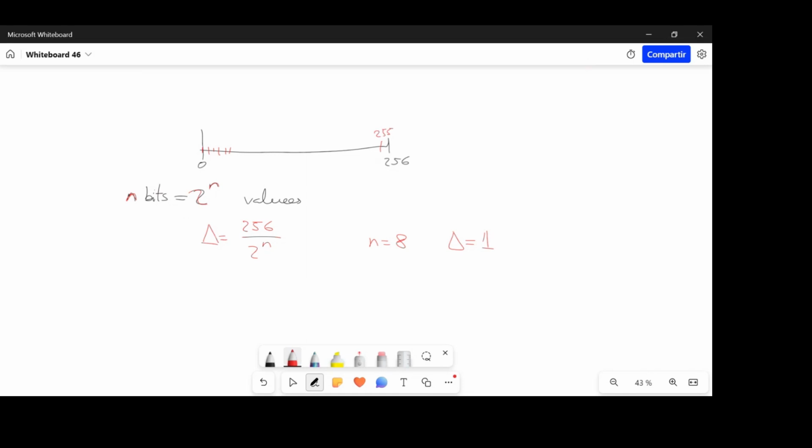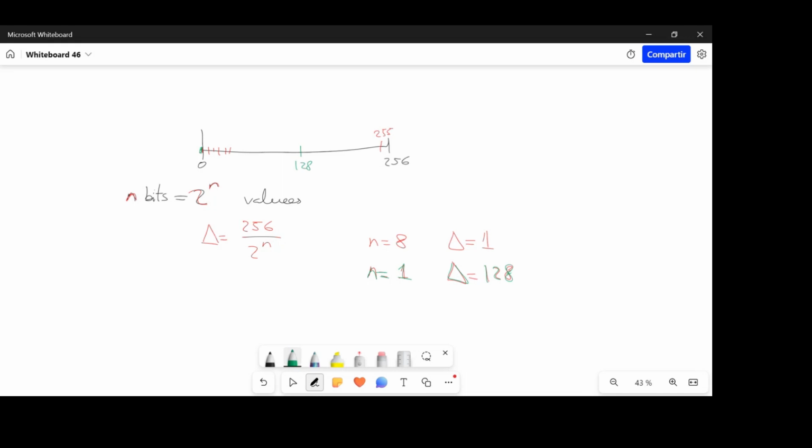And let's say that n is 1. Now I have this value, but then my next one is 128, and my next one is 256, which is beyond my representation.